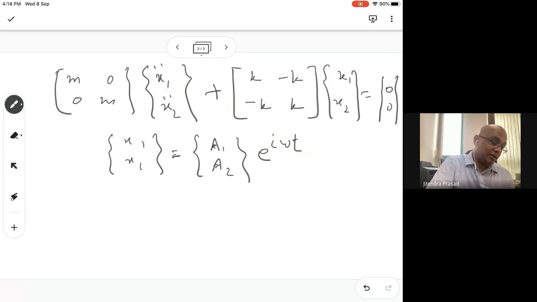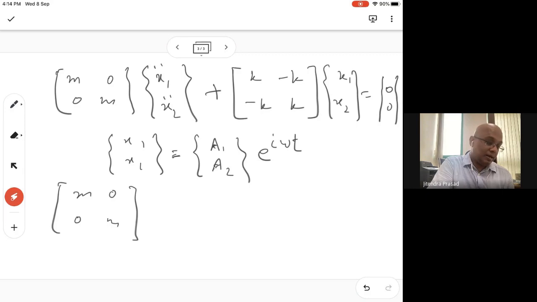You get m, 0, 0, m, and then x1 double dot, x2 double dot.